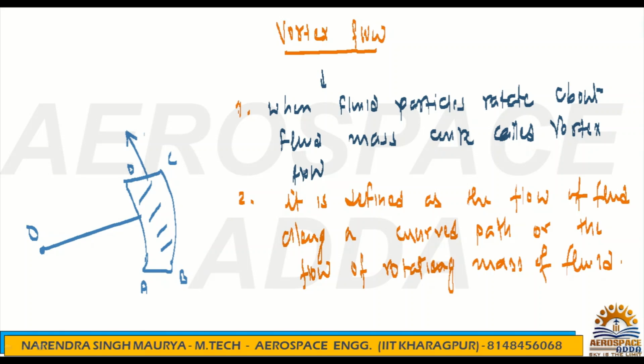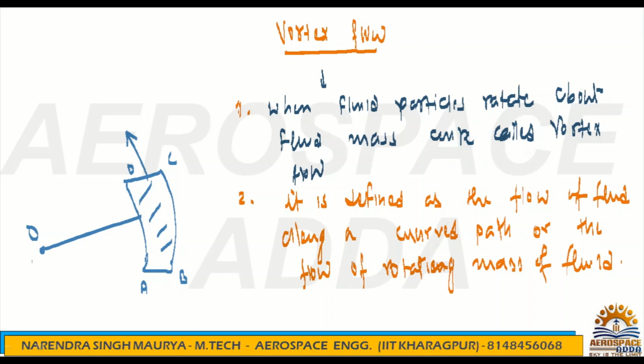Along the curved path it will have motion, or you can say this is the center of mass, and about this center of mass the fluid will be rotating. So ABCD, this fluid element, is rotating about point O. This will be called a vortex motion, and if fluid is flowing in this way, it will be called a vortex flow.